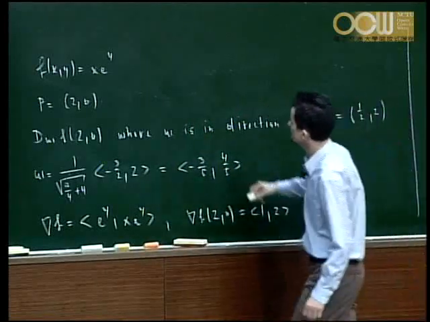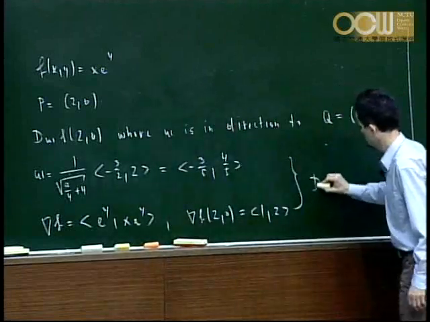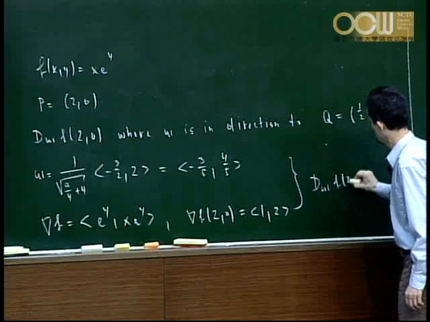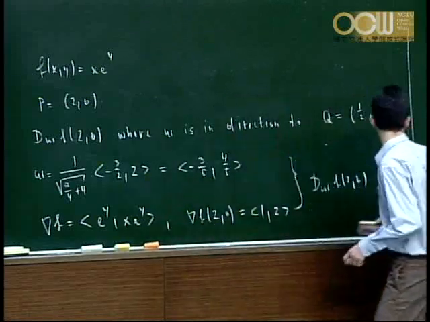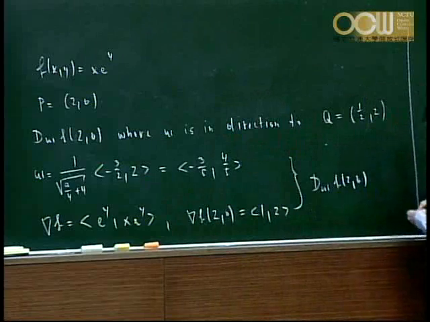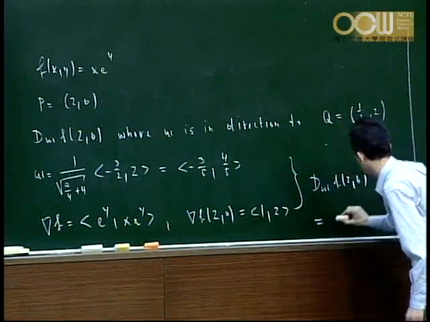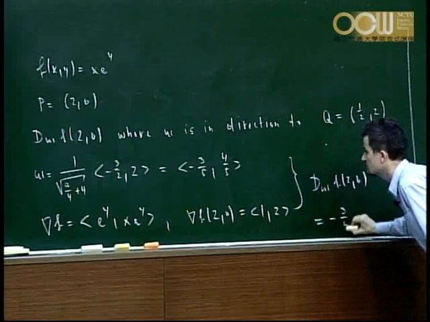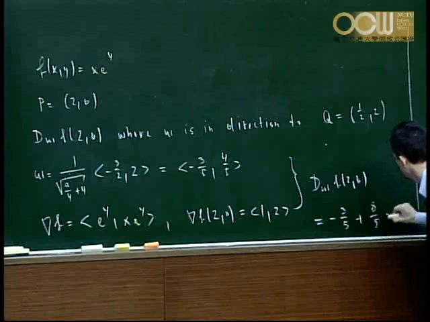So the directional derivative is given by this multiplied with the direction here. So what you have is minus 3/5 plus 8/5, which is 1.